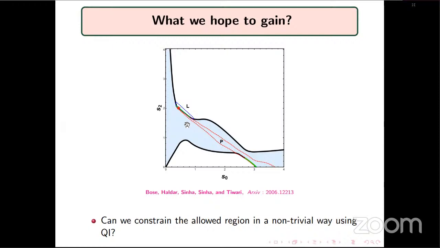Of course, you can add more constraints. But quite interestingly, the standard model seems to be living on this cross, which is a kink-like position. So the question is, can we constrain the allowed region in a non-trivial way using quantum information theory, and possibly close in on this cross, or the standard model?